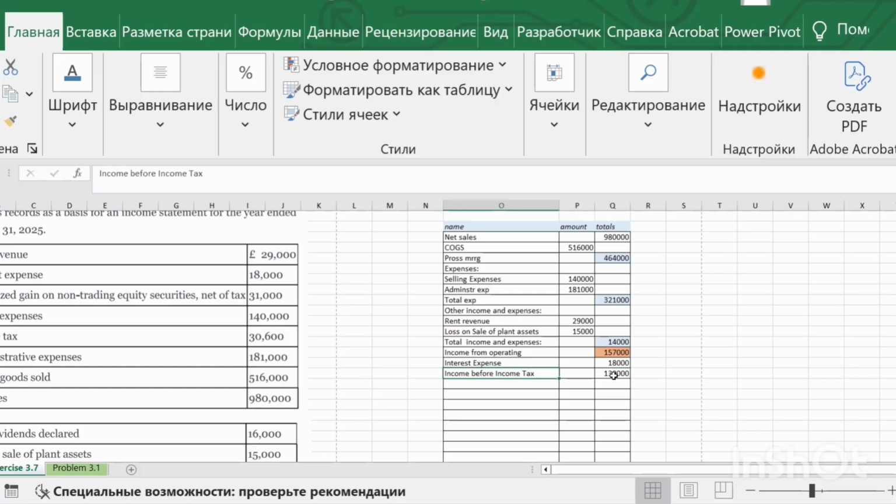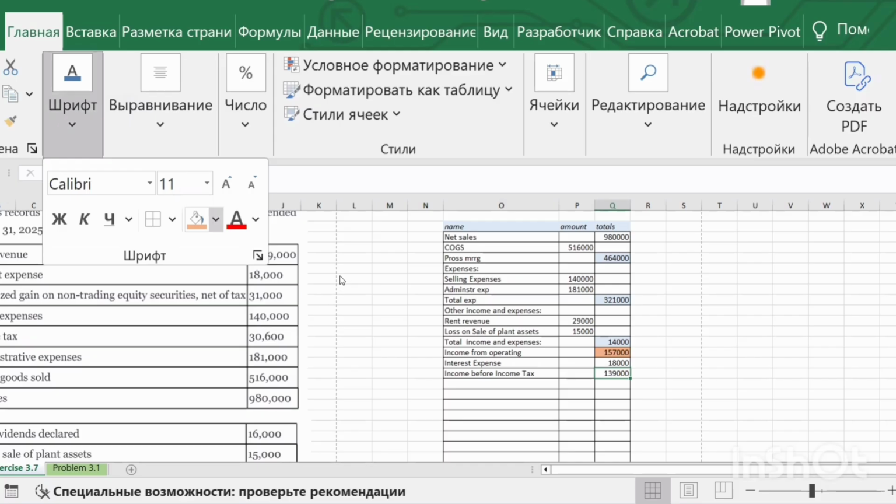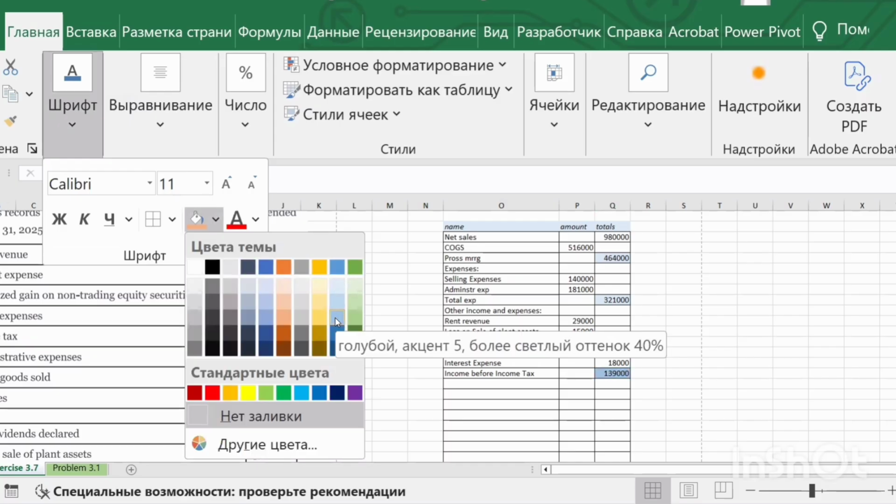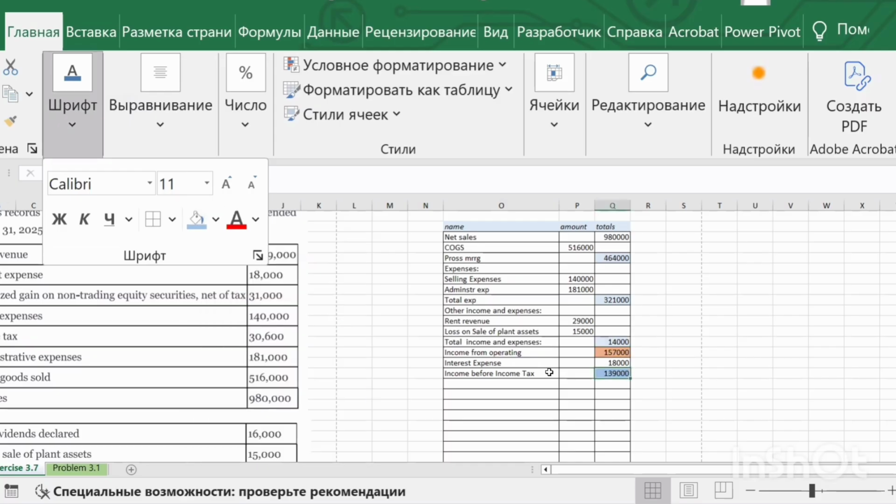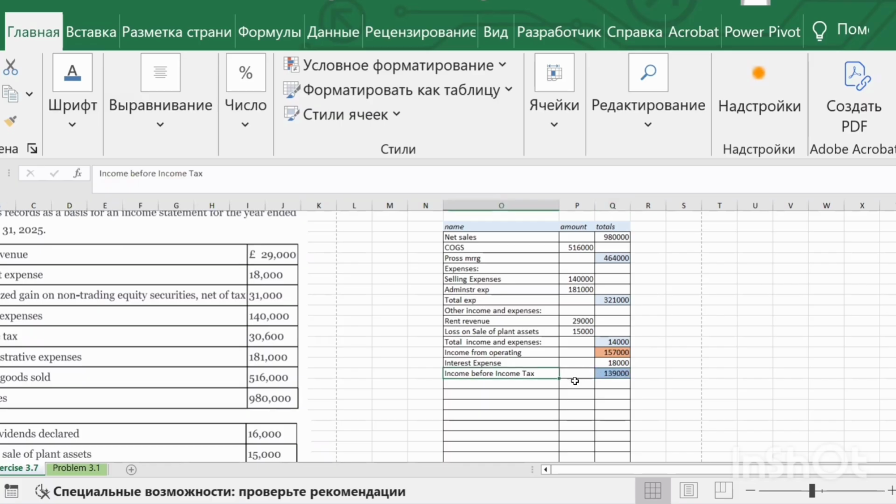And for income before income tax, we should use the formula: income from operating minus interest expense. It's our income, but without decreasing by taxes.